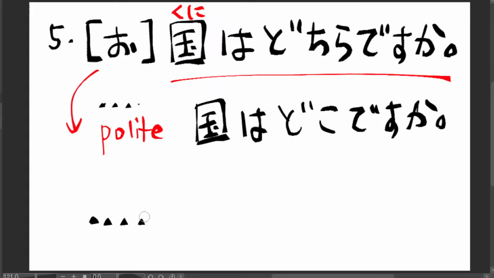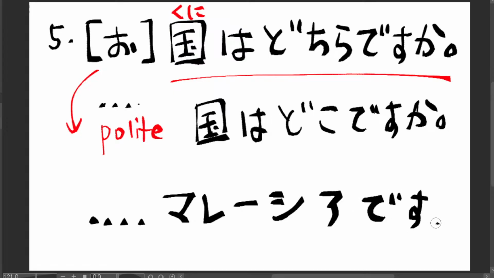To make it more polite, you will say お国はどちらですか？ And you can answer with your country's name. For example, I'm from Malaysia, so I'll say Malaysia desu. You can use anything here. For example, if you come from China, 中国です.